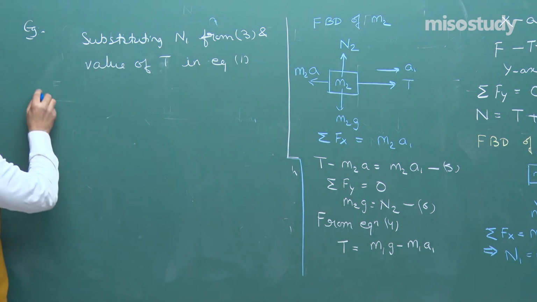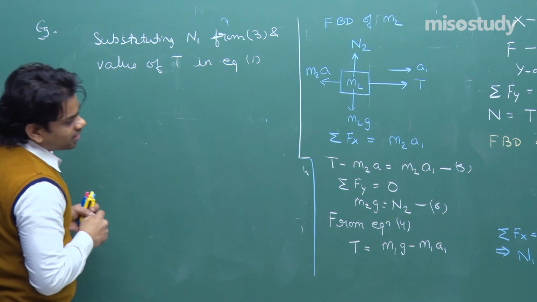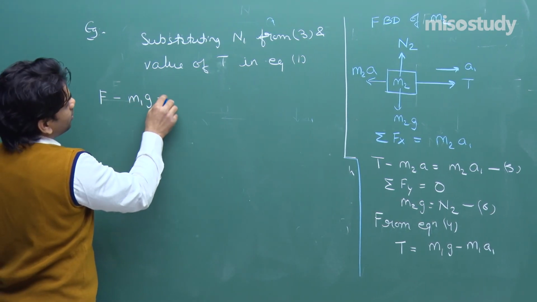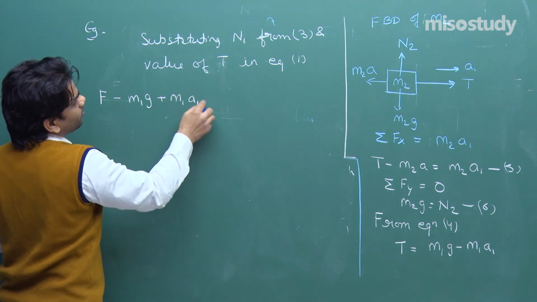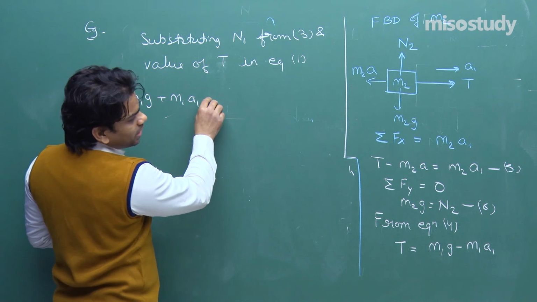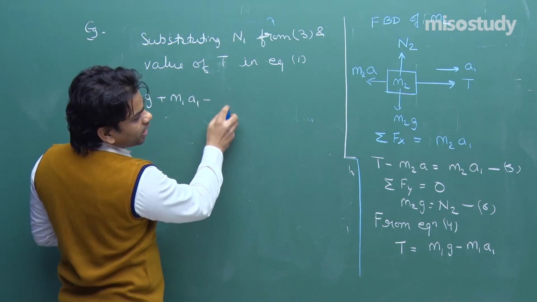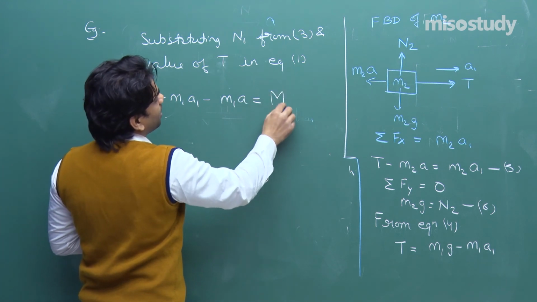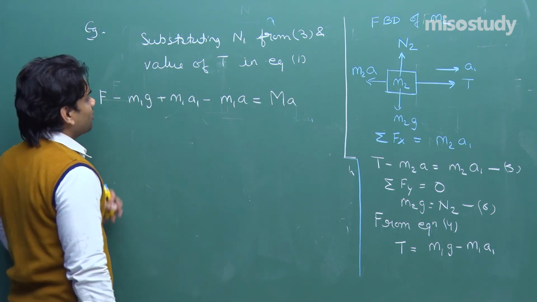We are going to get F minus T, and T is M1G minus M1A, so this will come out to be minus M1G plus M1A1, and we have minus N1. N1 value already we know that it is equal to M1 into A, which should be equal to capital M into A. So finally we got this.